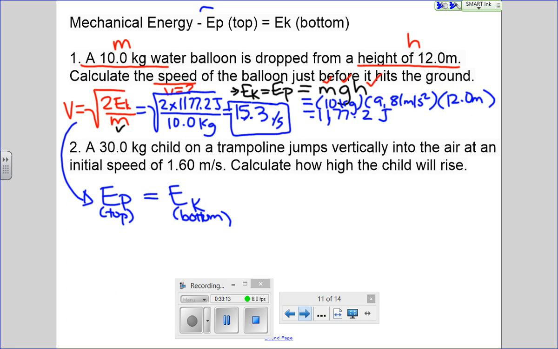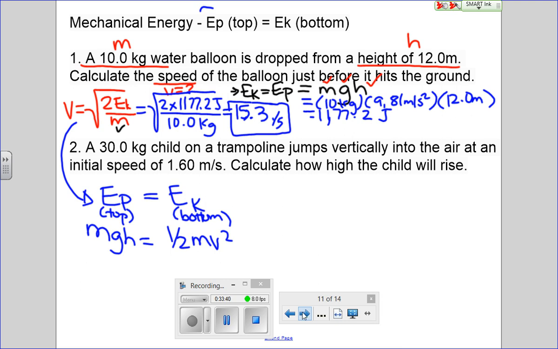So I could start this question by taking those 2 formulas and making them equal to each other. I could say mgh equals 1/2 mv squared. I know all of the missing variables in this equation, so I just need to solve for v, and I'll show you how I would do that.